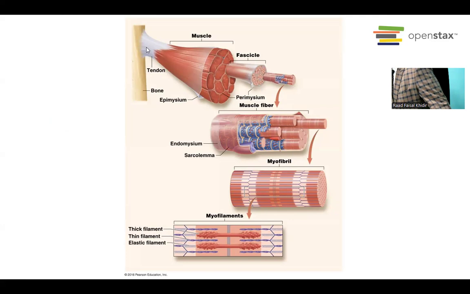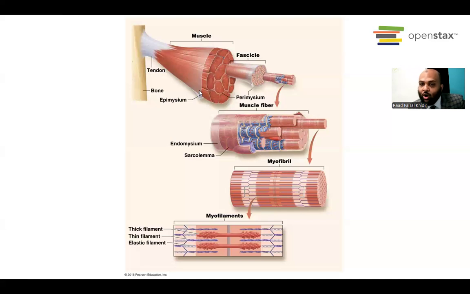So now let's look at that. We said, what is a tendon? A tendon always connects muscle to bone, and a ligament always connects bone to bone. So you have a muscle, and the muscle is made up of multiple fascicles. That's 1 fascicle, 2 fascicles, 3 fascicles, 4 fascicles.